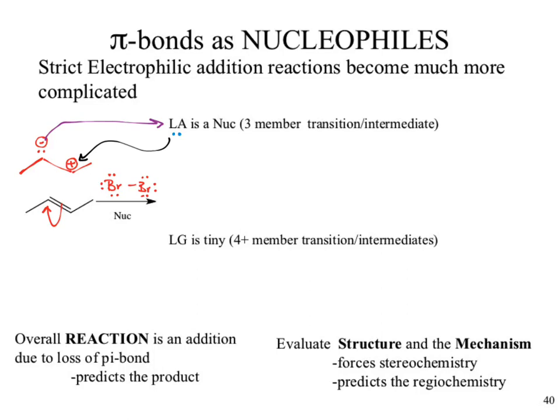Because when we think bromine, we think bromide, which is negatively charged. Is bromine negatively charged? No. Bromine is actually neutral. Okay? If I bring electrons near it, what happens? I can polarize it.